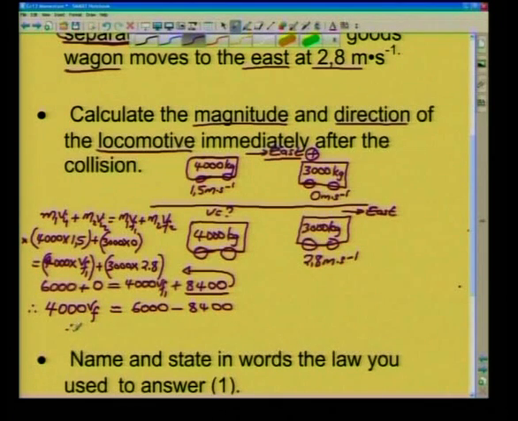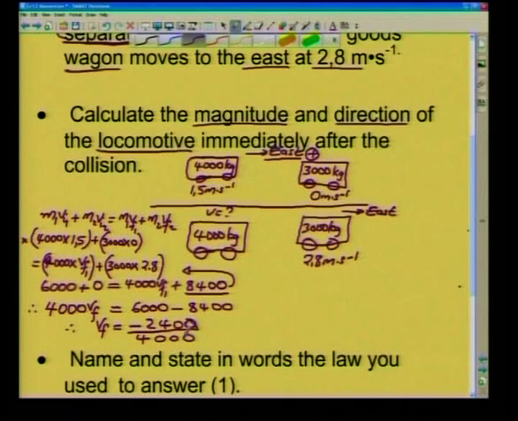This would mean that V final will be equal to, what is 6,000 minus 8,400? It will be minus 2,400. So V final will be minus 2,400 divided by 4,000.